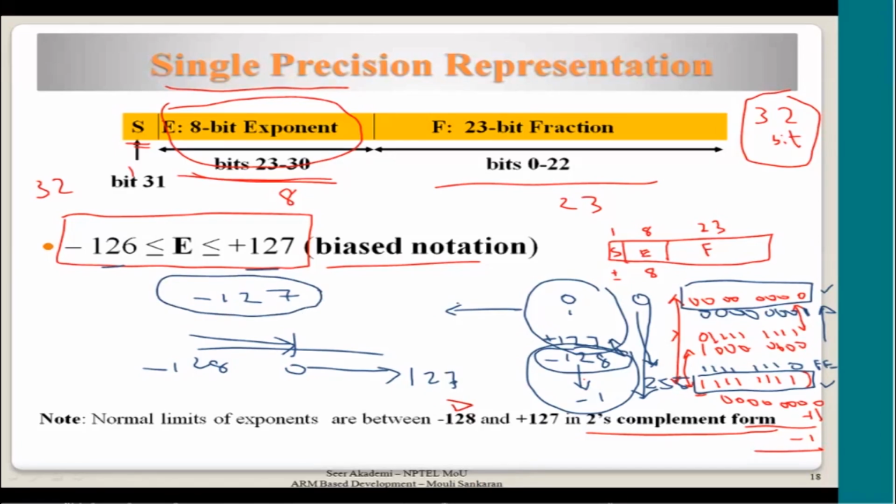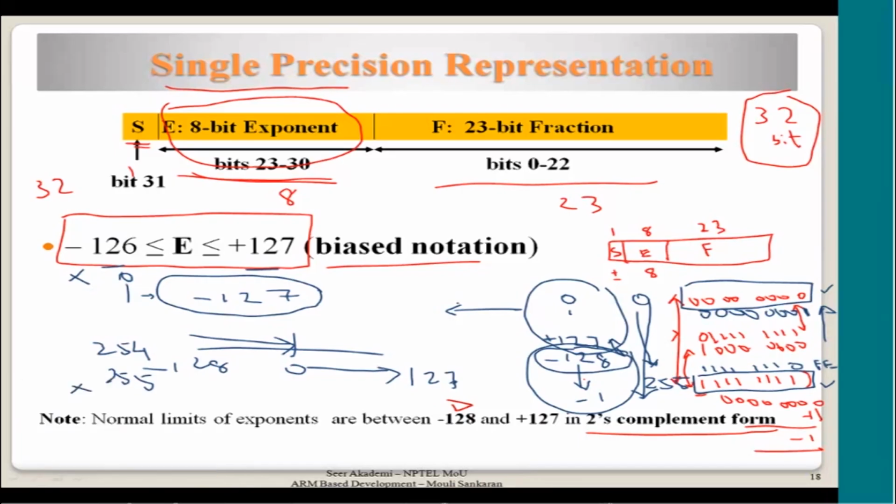Now I told you 1 is the range you have, and in unsigned notation you have 254. 0 and 255 are knocked off. You have the remaining numbers.